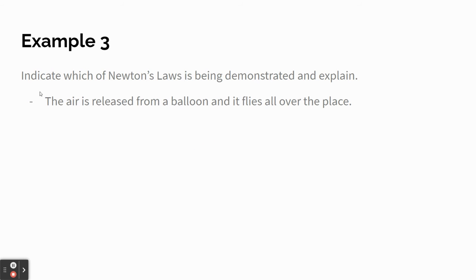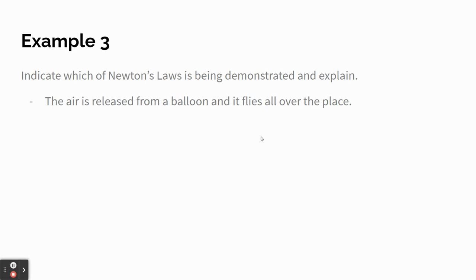Example number 3. The air is released from a balloon and it flies all over the place. So if you take a balloon and release the air, what is going on there? This one is actually Newton's third law.